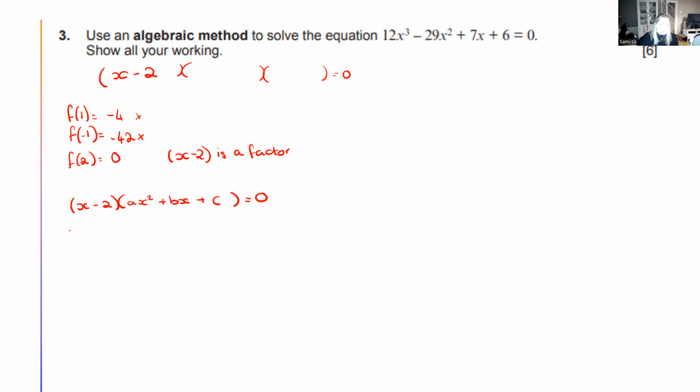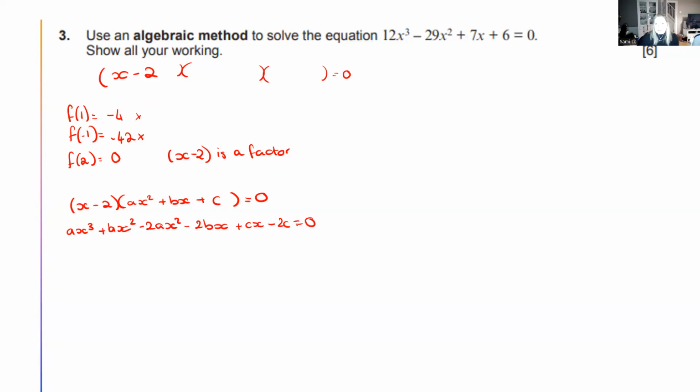Now, all I'm doing is expanding that out, giving me ax cubed plus bx squared minus 2ax squared minus 2bx plus cx minus 2c, and that is equal to 0.